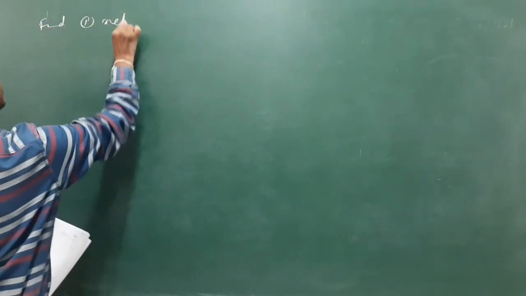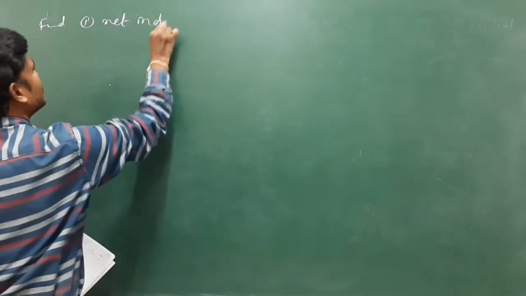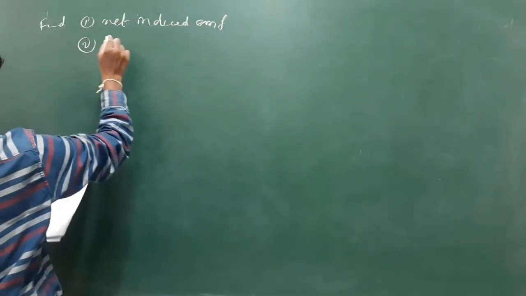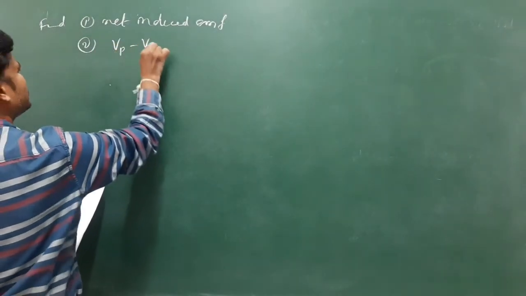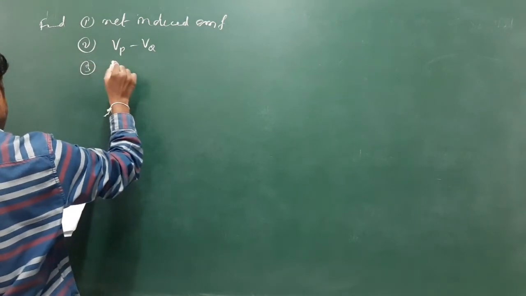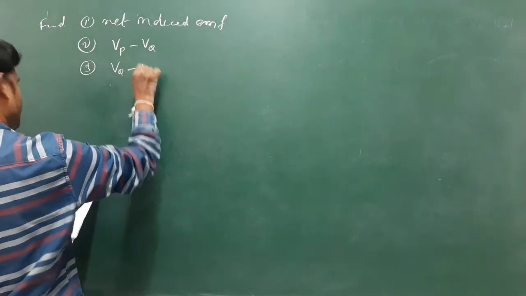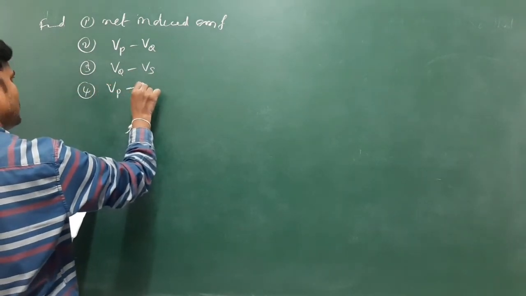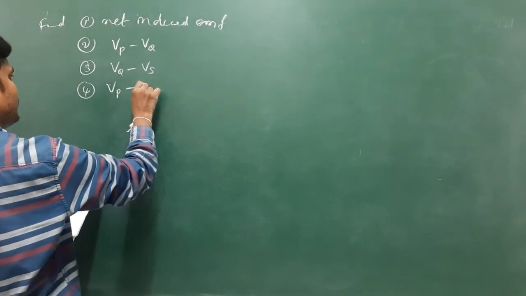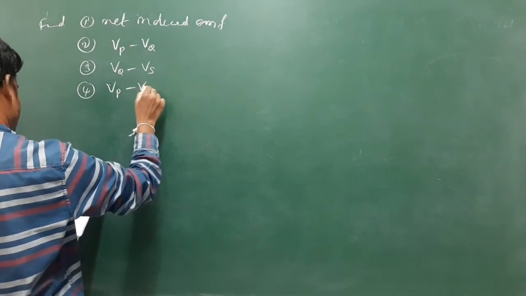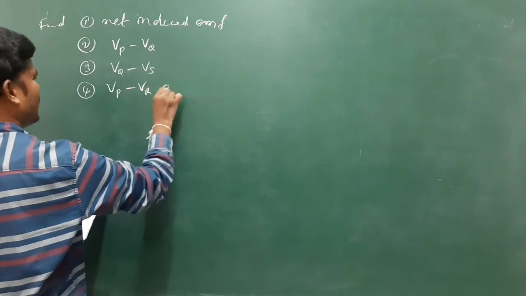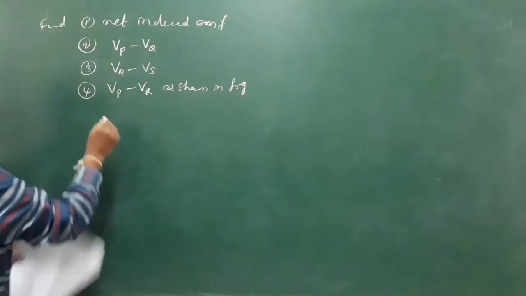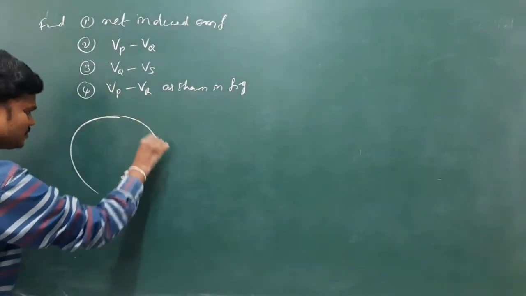Find the net induced EMF in the loop, and the second one, the potential difference between the points P and Q, Q and S, and P and R as shown in figure. See the diagram. Already covered. You try this one.